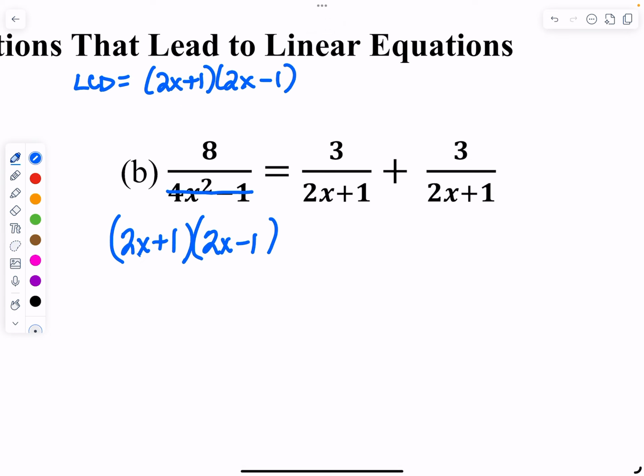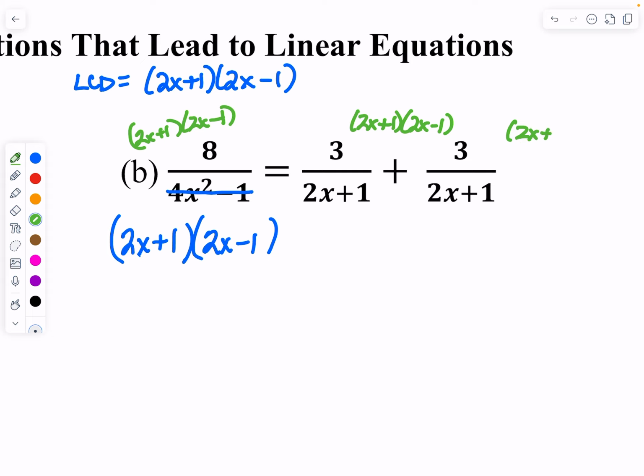All right, we're going to do what we said before. We're going to multiply each piece by 2x plus 1 and 2x minus 1. I'll also show you a shortcut. But a lot of students that don't write it down mess up. So I'm going to go ahead and write it down, but I'll also show you the shortcut. Okay, so now we're going to go ahead and cancel.